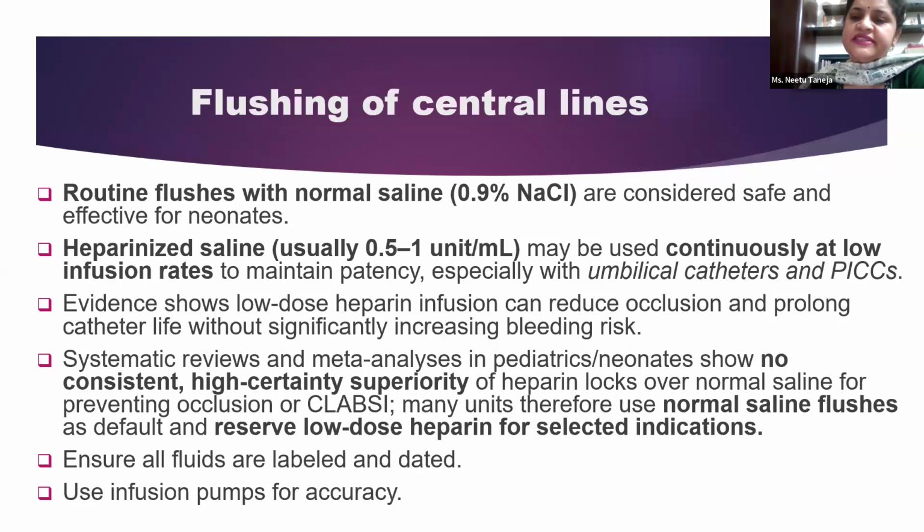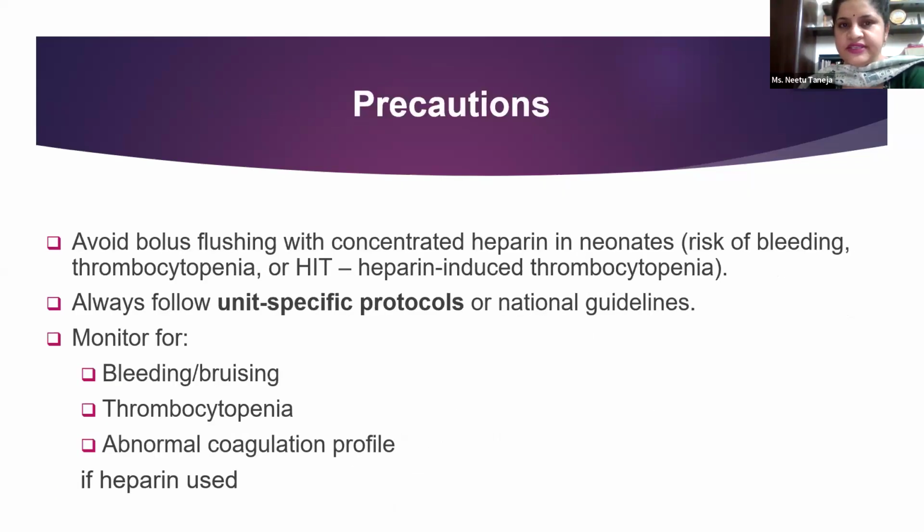So the best practice can be using normal saline flushes as default and reserving low dose heparin for selected indications. Or I must say that a better approach is to stick to your hospital policy. That is again very important. So ensure all fluids are labeled and dated, and use infusion pumps for accuracy.